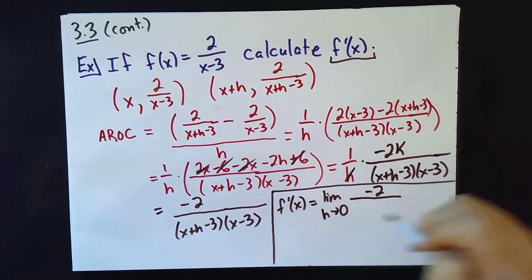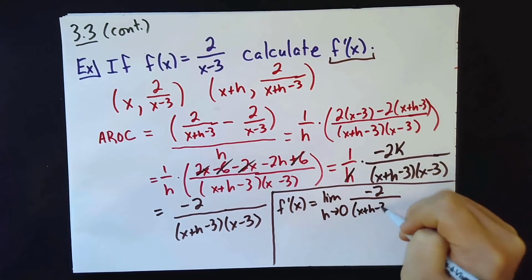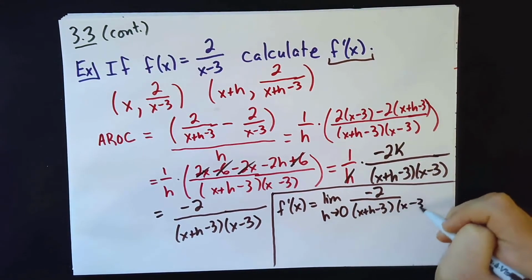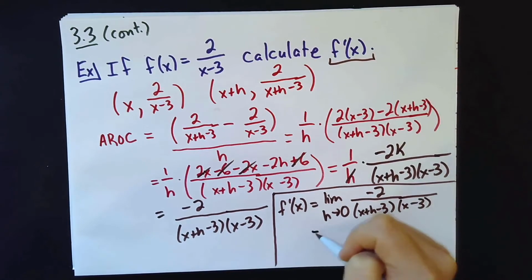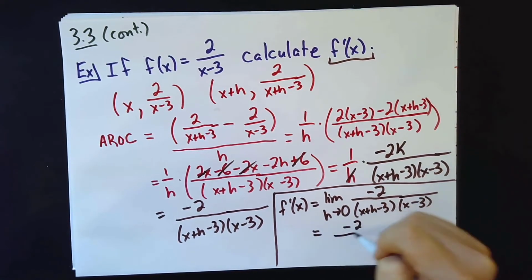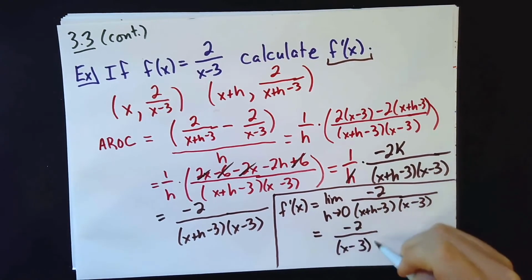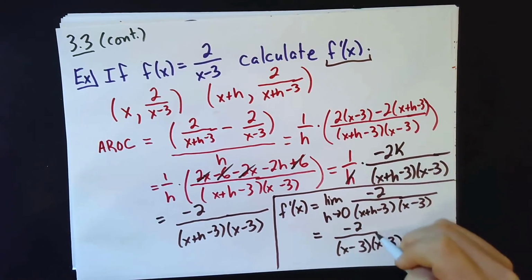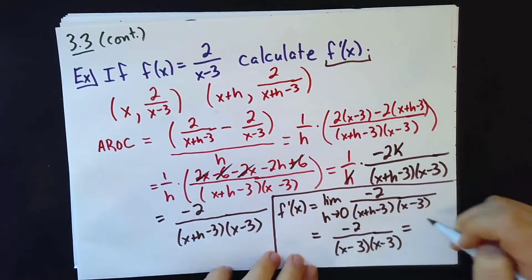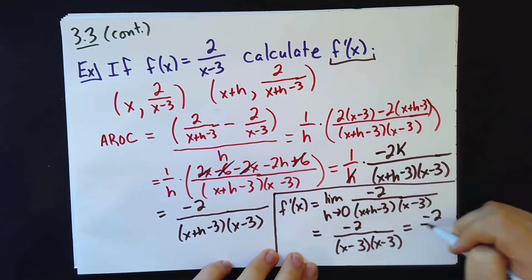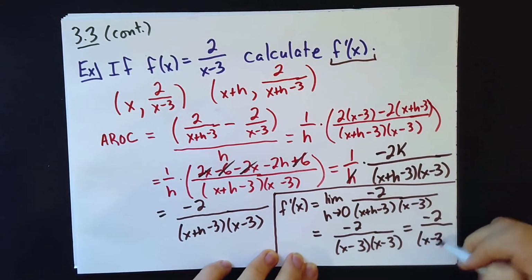And because we've done a good job simplifying, this now simplifies pretty nicely. And so this is going to be minus 2 divided by x minus 3 times x minus 3, which I could probably write as minus 2 divided by x minus 3 squared.